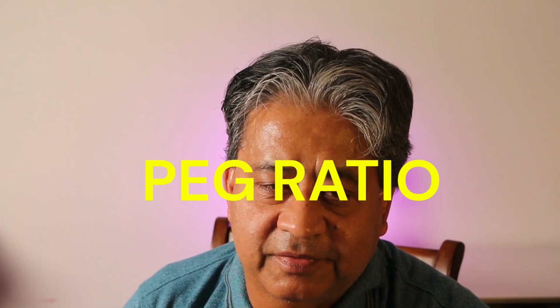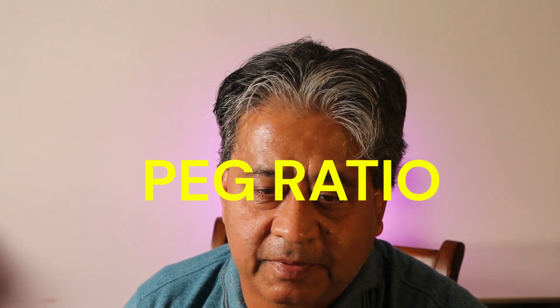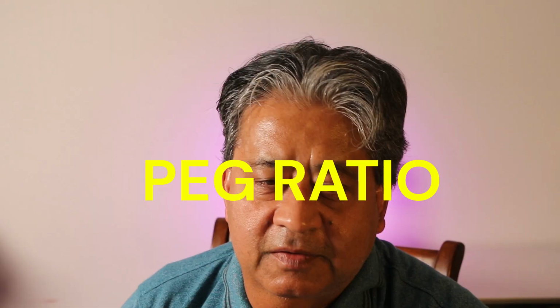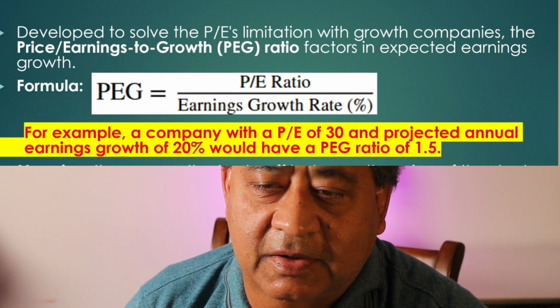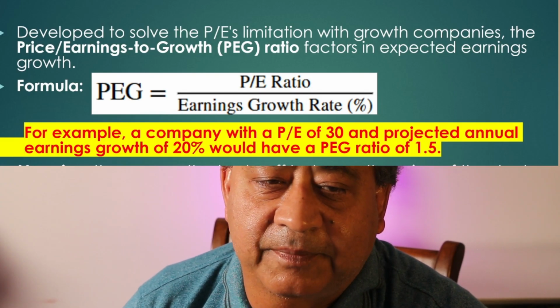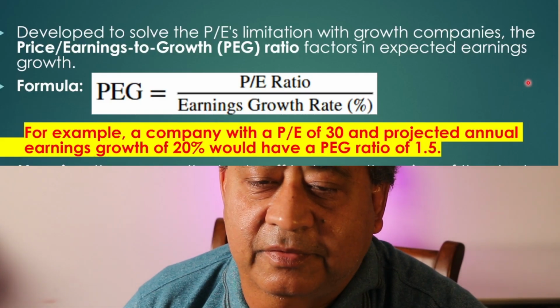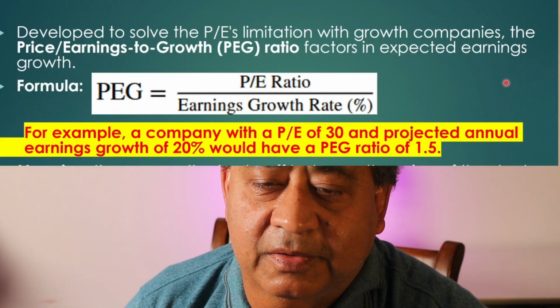Now, what is the PEG ratio? It was developed to address the PE's limitation. For growth companies, the PEG ratio takes into account the expected earnings growth. The PEG ratio is equal to the PE ratio divided by the earnings growth.